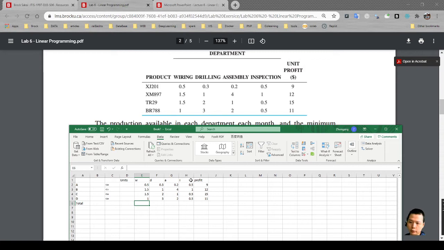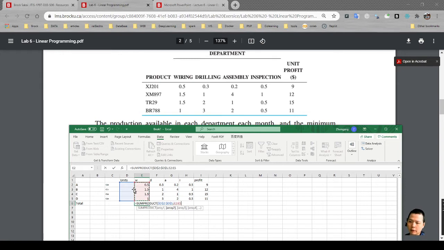Here we use a new function called SUMPRODUCT. Right? We want to multiply each unit cost in this wiring row by the number of units respectively, right? This one times this one, this one times this one, right? So the easy way is just to do the units, select them all and use F4, because the number of units won't change when we later calculate the others. Then a comma with the cost for the wiring, right?